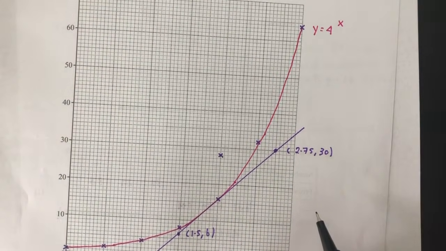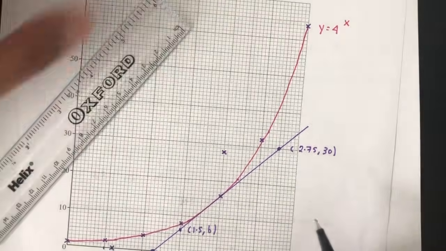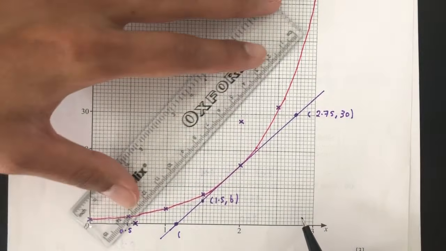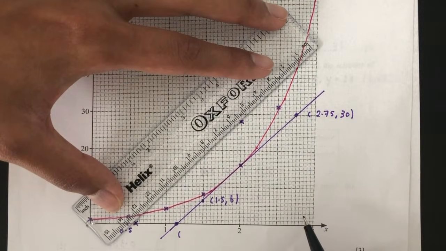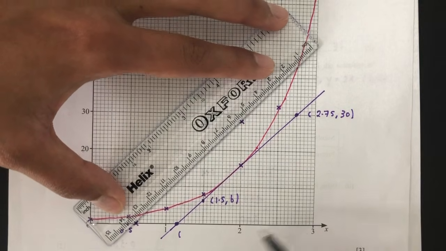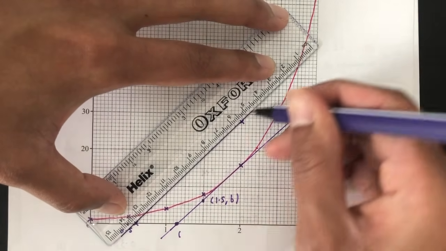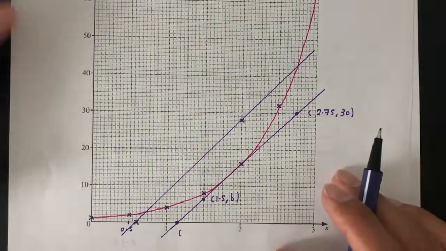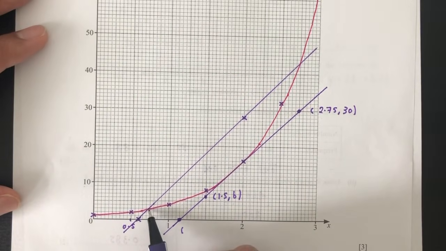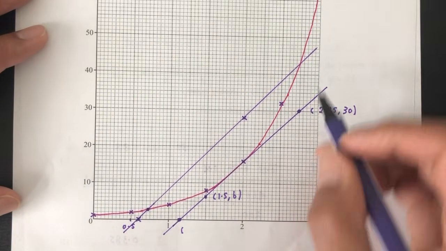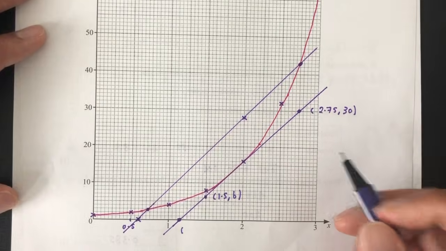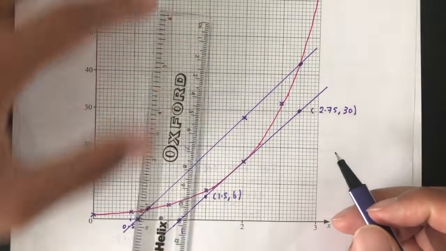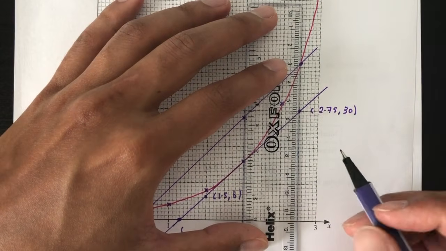Those are the two points that we have. So let's join them and see where they intersect the curve. These are the two possible values. The first one is here, and the second one will be right here. So let's see what points we have for each of the intersections.